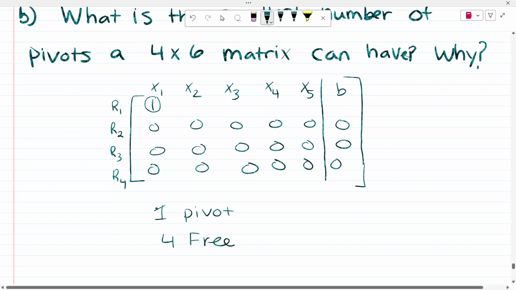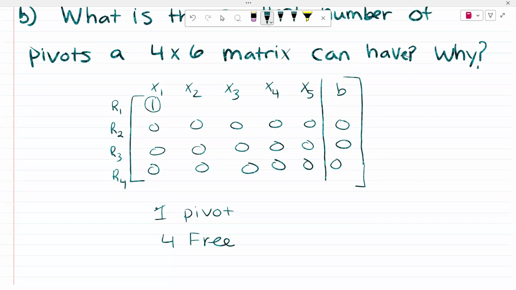So row two, row three, row four could be all zeros, and then you have to have a one right here. So that would be the largest. I mean, what is the smallest? Yes, one. What is the smallest number of pivots? It would be one.